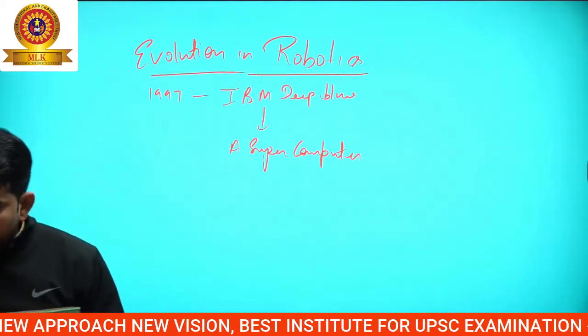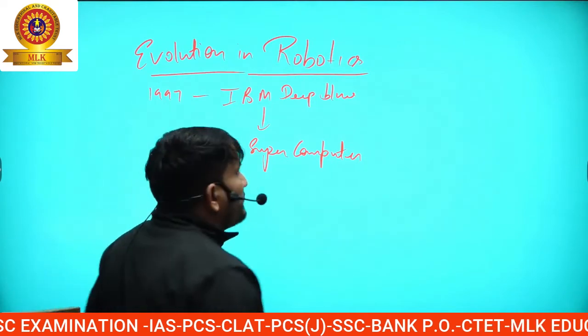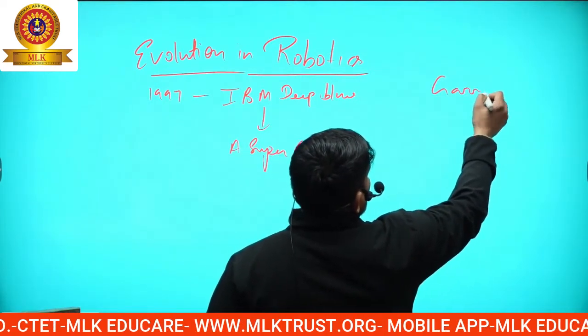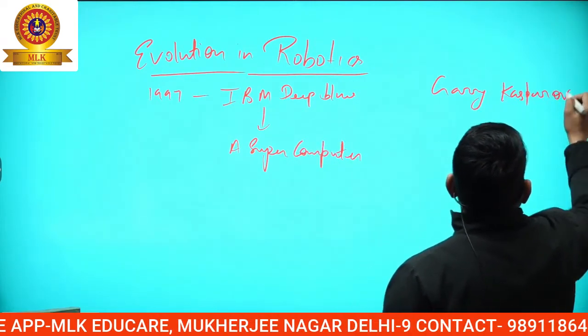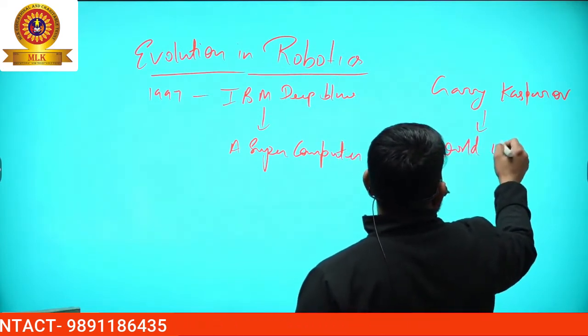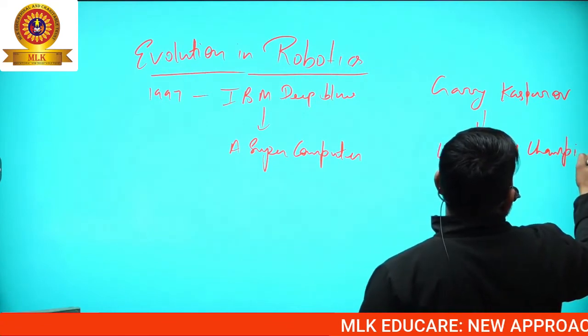And at that time, ठीक है, there was a world chess champion, name was Gary Kasparov. ये क्या थे? वर्ल्ड चेस चैंपियन. ओके, एट दैट टाइम.